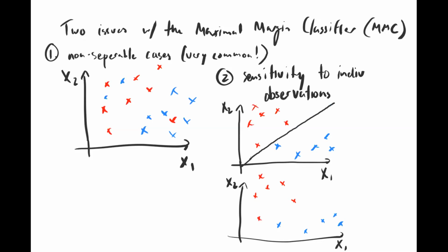But if I were to add a single point, okay, so if our original line looks something like this, let's suppose I add one point here. That may change the hyperplane to look something like this.